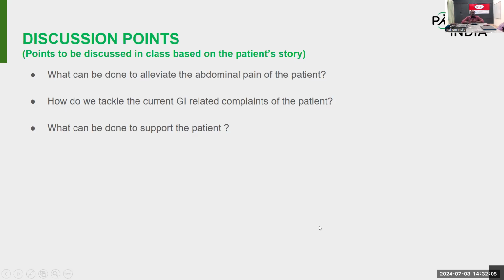So glycopyrrolate and hyoscine butyl bromide, both can be used, but the problem is that they will add to the constipation because they relax the smooth muscles of the intestine. What are the other medications which can reduce the secretion without causing paralysis of the intestinal smooth muscles?